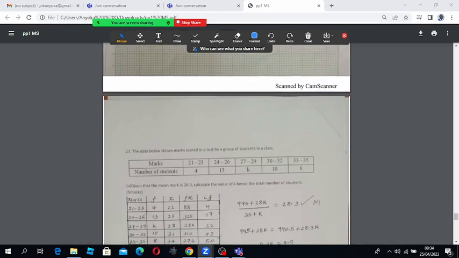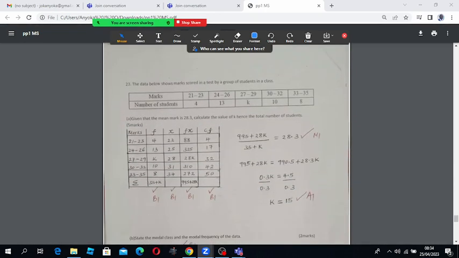Our next question, question 23. Statistics question. The data below shows marks scored in a test by a group of students in a class. Marks scored and the number of students.